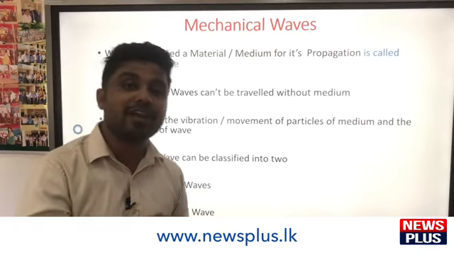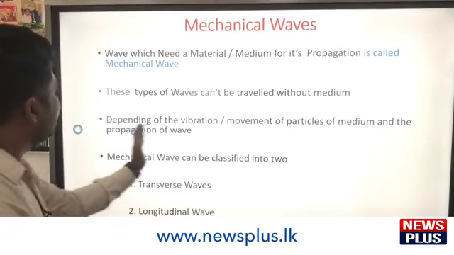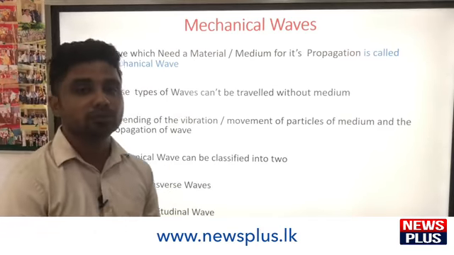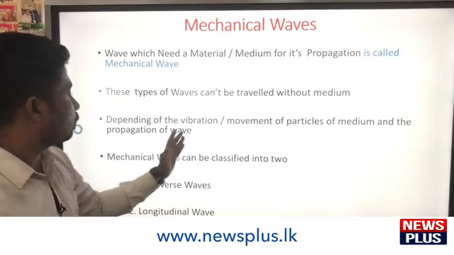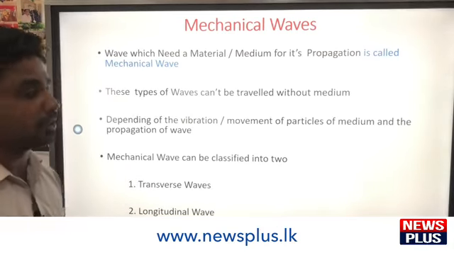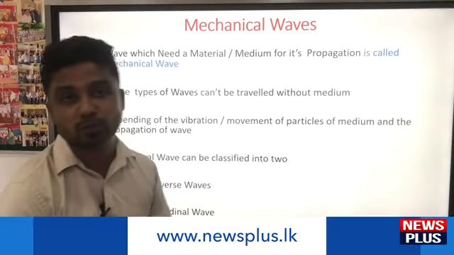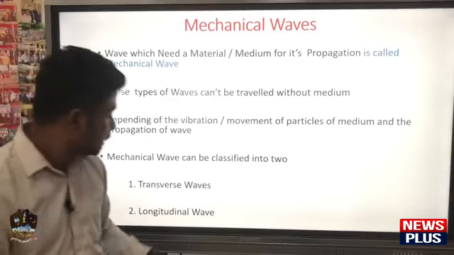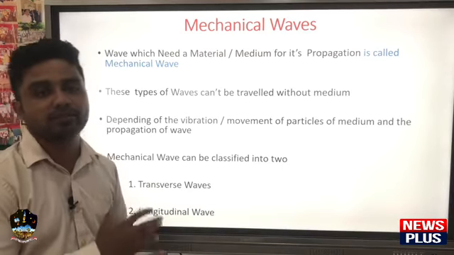It cannot travel without a medium. Depending on the vibration and movement of particles of the medium and the propagation of waves, mechanical waves can be classified into two, mainly transverse waves and longitudinal waves.